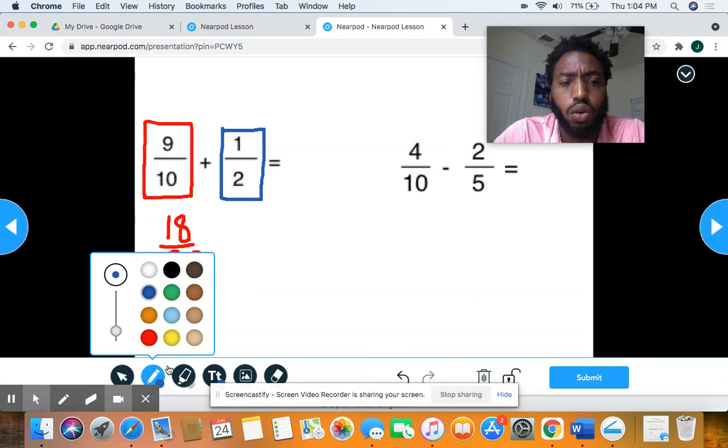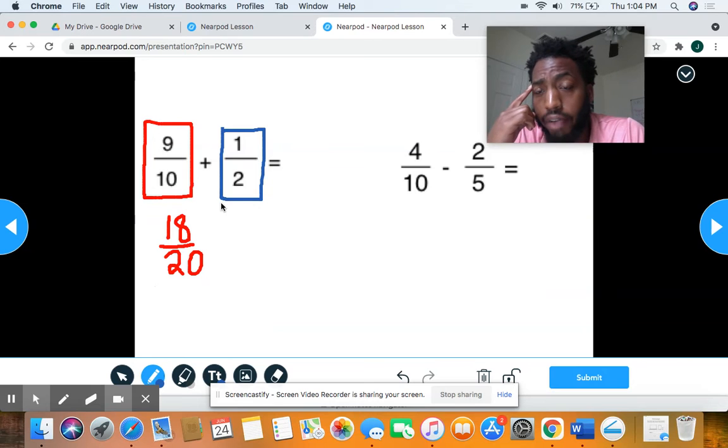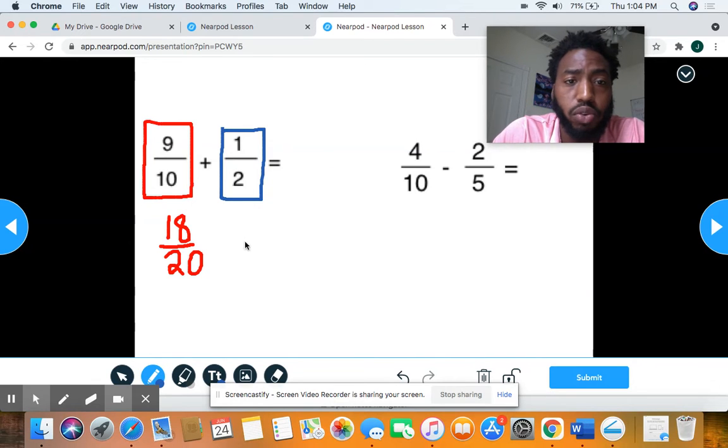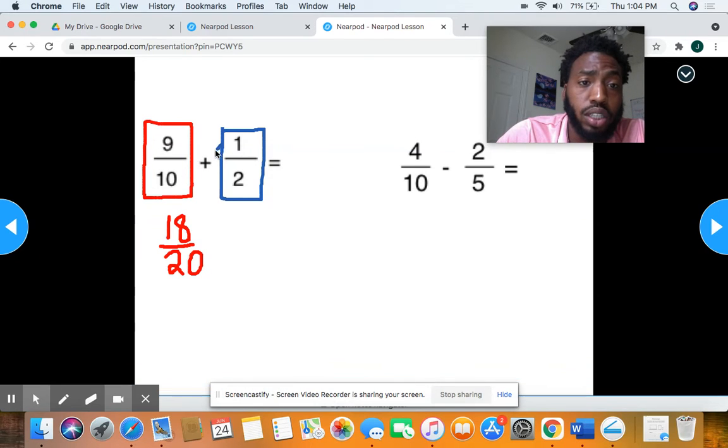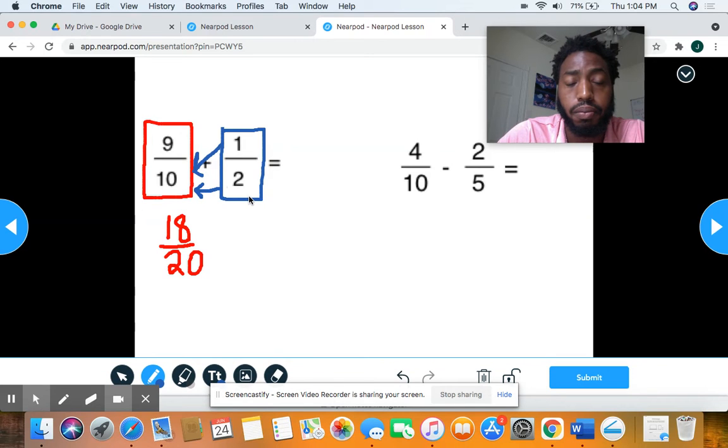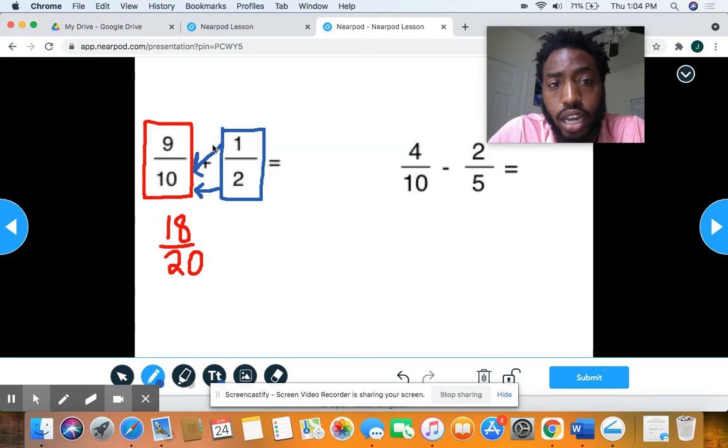And now I know I have to multiply both the numerator and denominator by the other denominator. I'll show this once again by drawing my arrows. So I have to do 1 times 10 and 2 times 10. And I'll show that underneath of my problem.